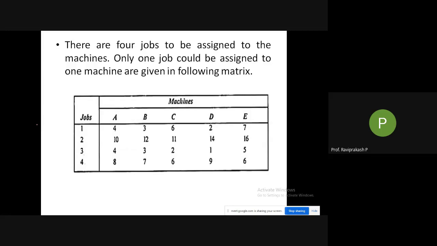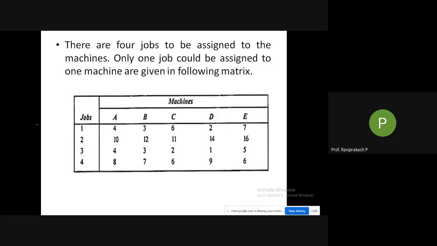There are 4 jobs to be assigned to the machines. Only one job could be assigned to one machine.